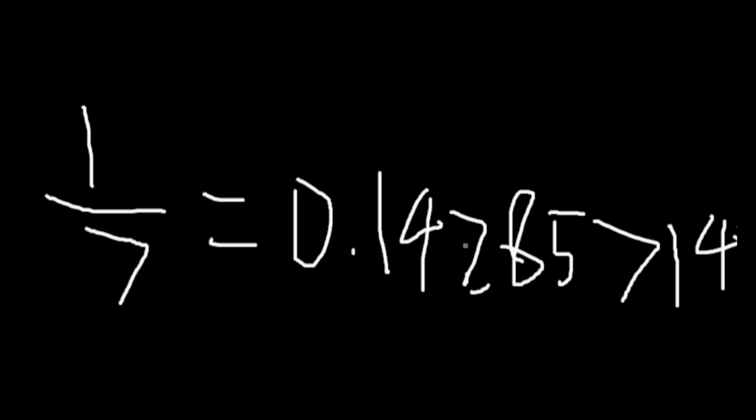So, if you want to use the bar notation to show a repeating sequence, we put the bar over the sequence that repeats. In that case, that would be 142857. So this shows that 1 over 7 is equal to 0.142857 repeating. And that is how you use bar notation.